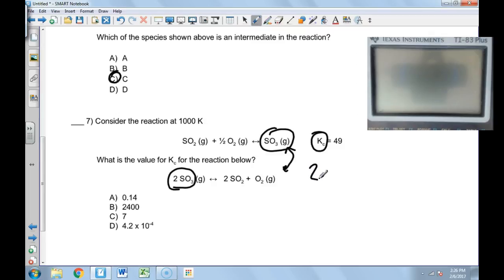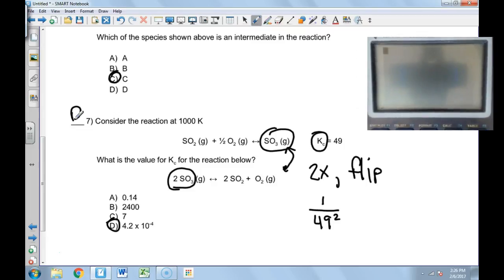So it's multiplied by 2, and it is flipped. So when we do that, we're going to get 1 over 49 squared. 1 over 49 squared is 4.2 times 10 to the minus 4, which is D.